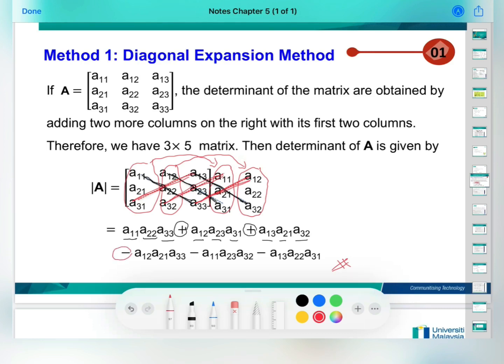And then minus again the second red line which is A11, A23, A32, and then minus again the third red line which is A13, A22 and A31. So when you do the addition and subtraction, that will be your answer for the determinant.